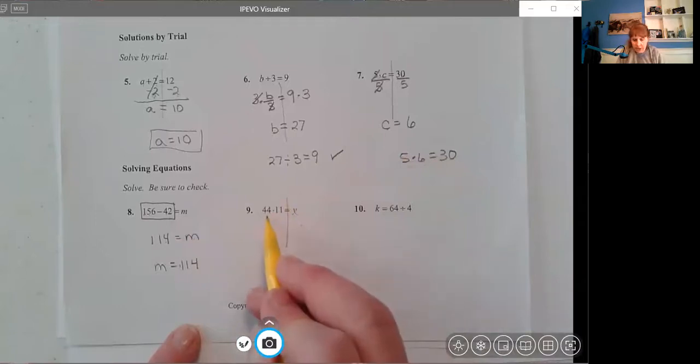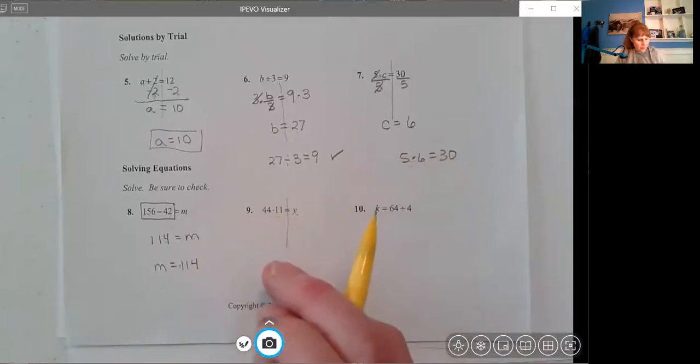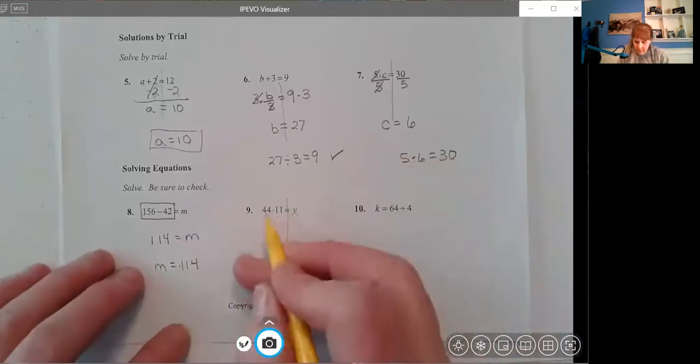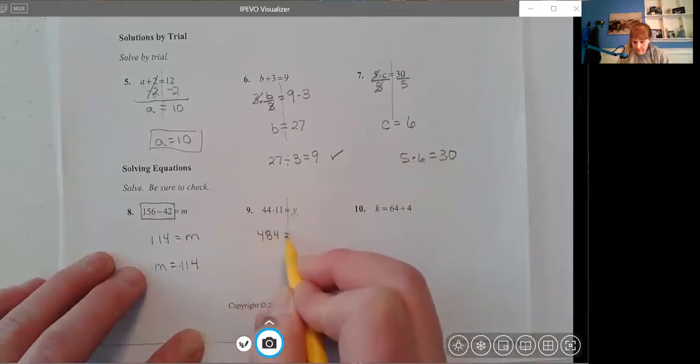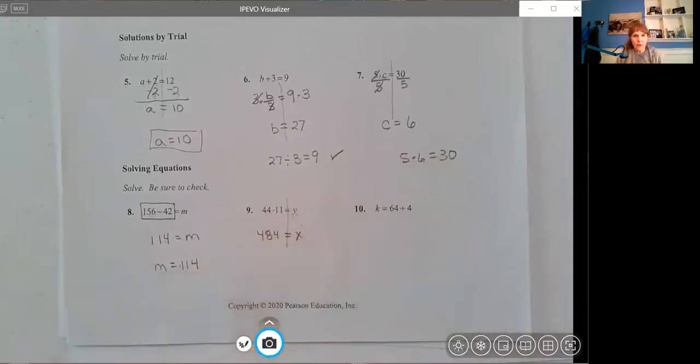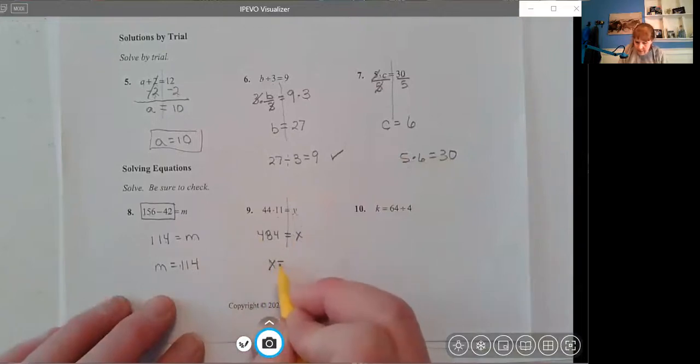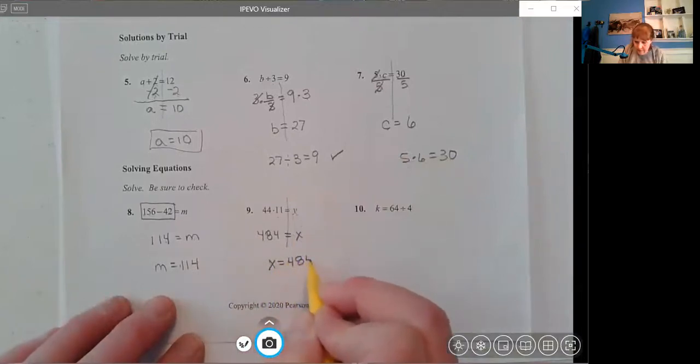All I need to do is take 44 times 11. And let's see, 44 times 11 is 484. X is equal to 484.